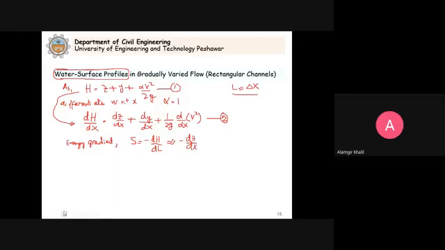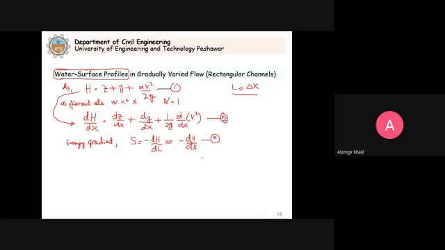We can make this assumption. So this is the S. Let's say this is equation number A.